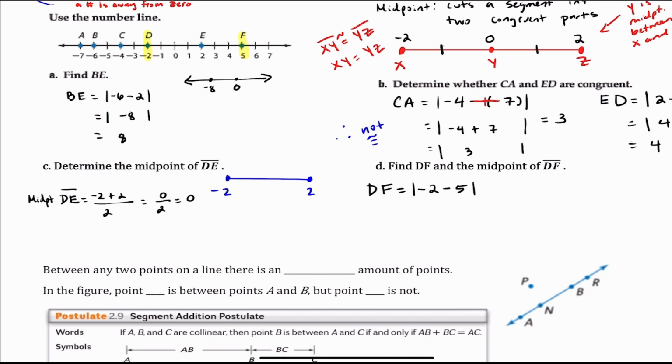Don't forget the absolute value. And then you have the absolute value of -7. How far is -7 away from 0? You just say 7. And then to find the midpoint of segment DF, we just do -2 plus 5 all over 2.